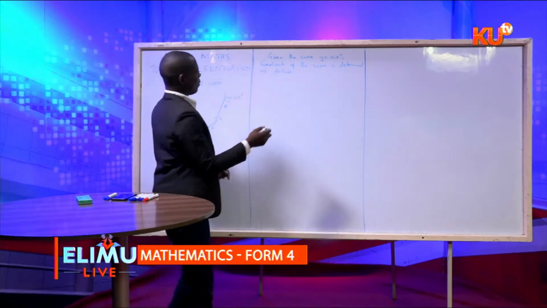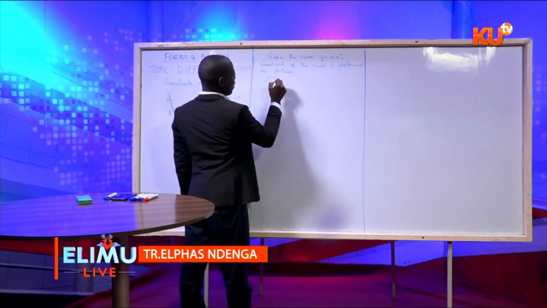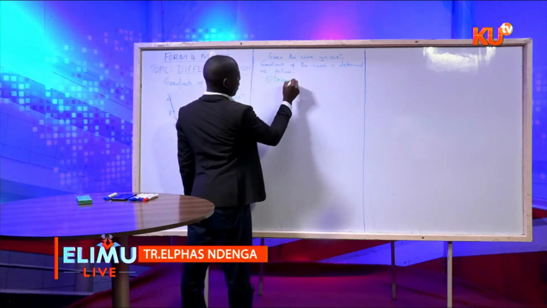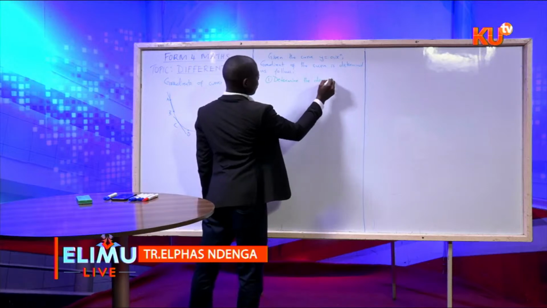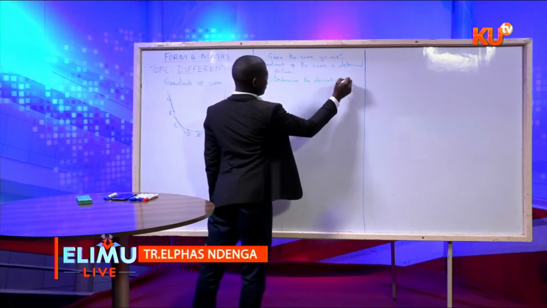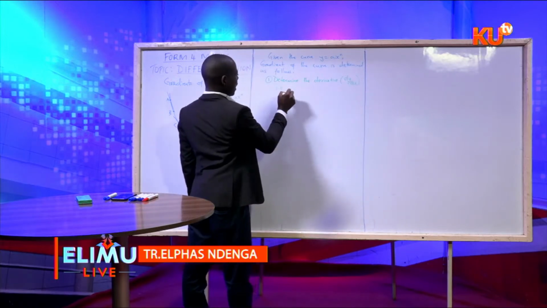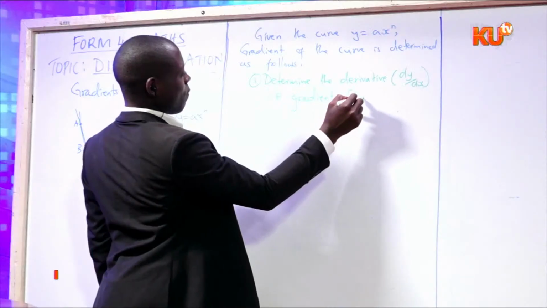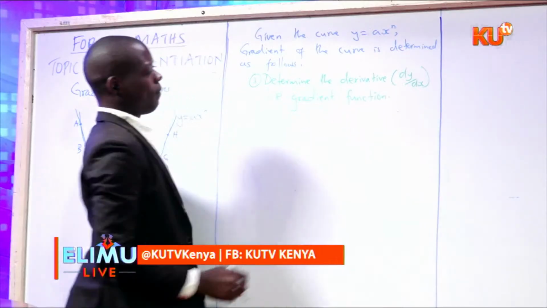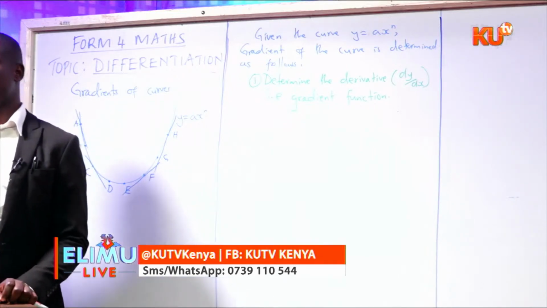Number one, we shall have to determine the derivative dy dx, i.e. the gradient function. Therefore, the first thing that we shall need to do is to determine the gradient function.